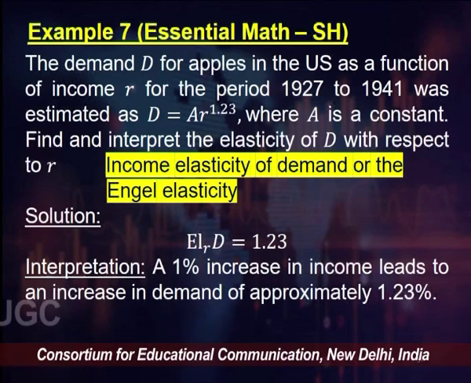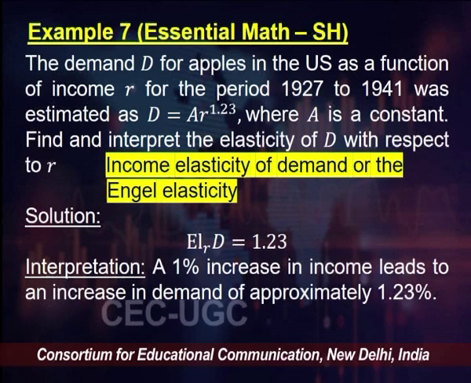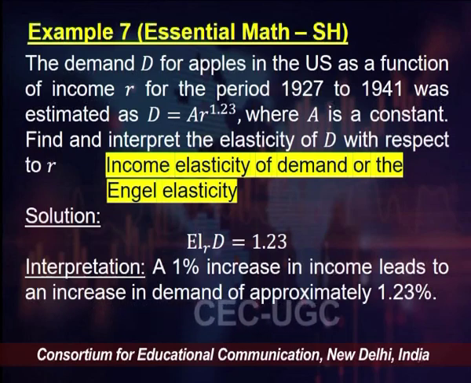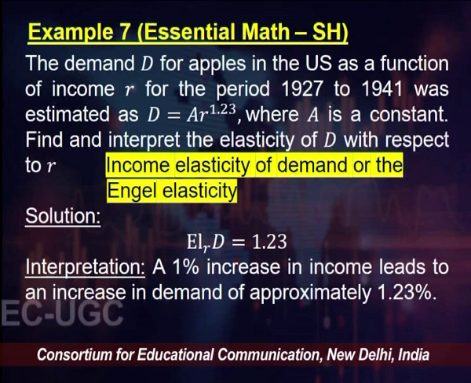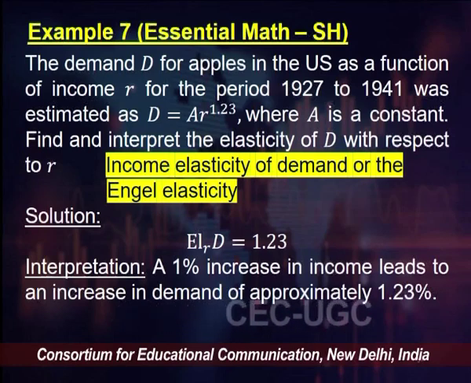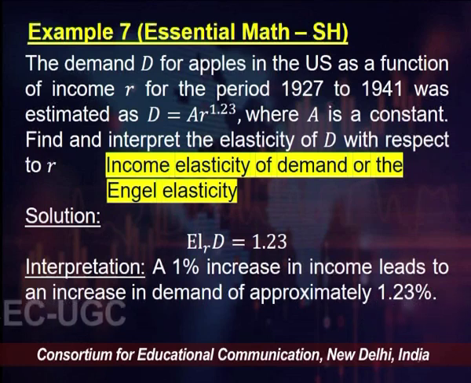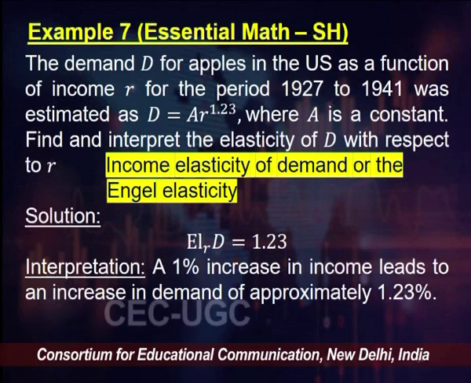What interpretation does this lend itself to? This simply says that if there is a 1% increase in income, this will lead to an increase in the demand of approximately 1.23%. So this would then mean that what we have here is a normal good, because for a normal good, an increase in income is going to cause the demand curve to shift to the right.